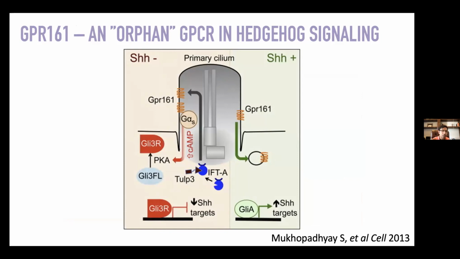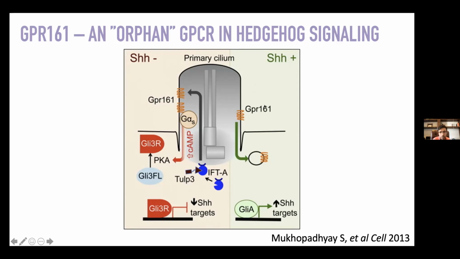The way this works is that when the pathway is off, GPR161 constitutively turns on the GS signaling pathway to keep the pathway off. And when HEDGEHOG signaling turns on, when the HEDGEHOG morphogen is present, GPR161 has to leave the primary cilium in order for the pathway to turn on.